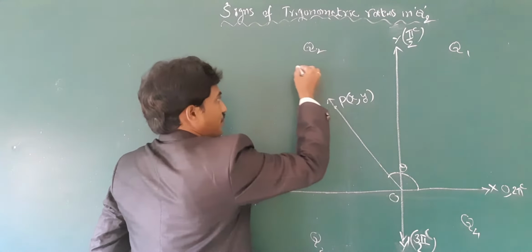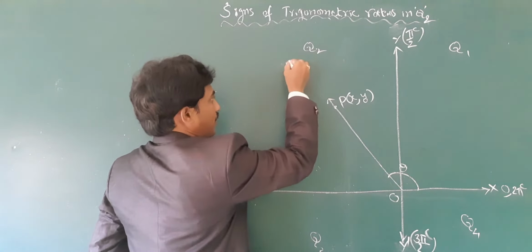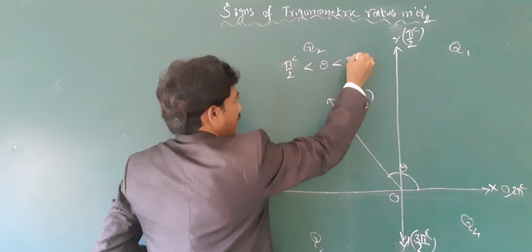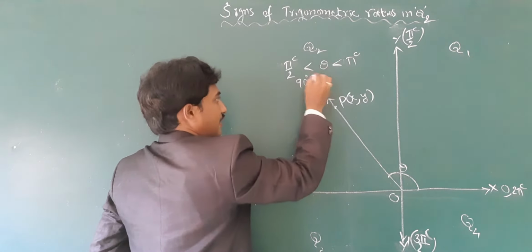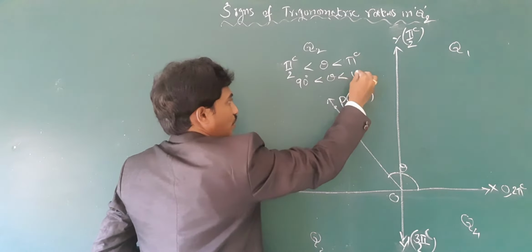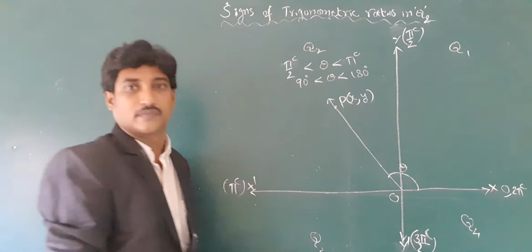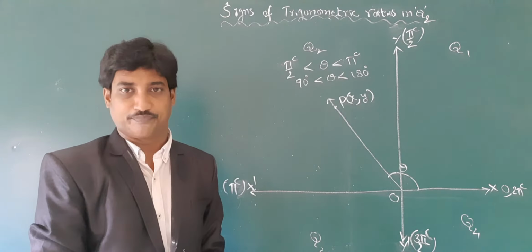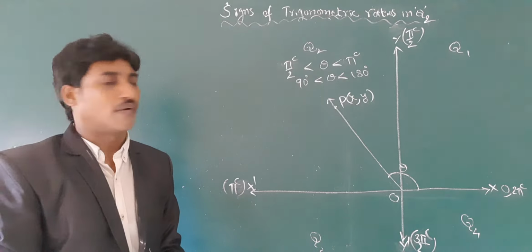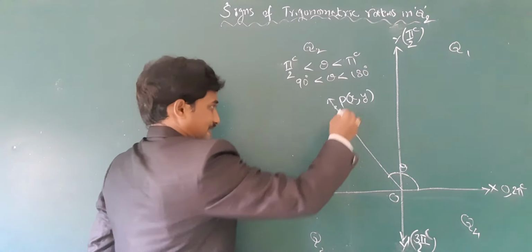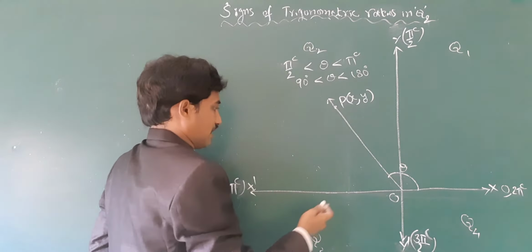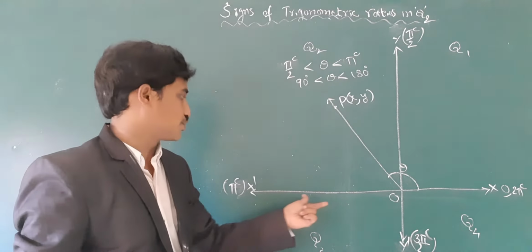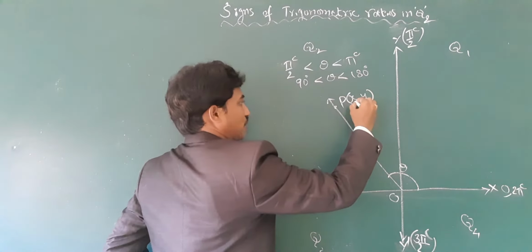Here the angle theta is between pi by 2 radian and pi radian, that is, 90 degree less than theta less than 180 degree. In that case, x is towards the negative x-axis, so x is a negative quantity.